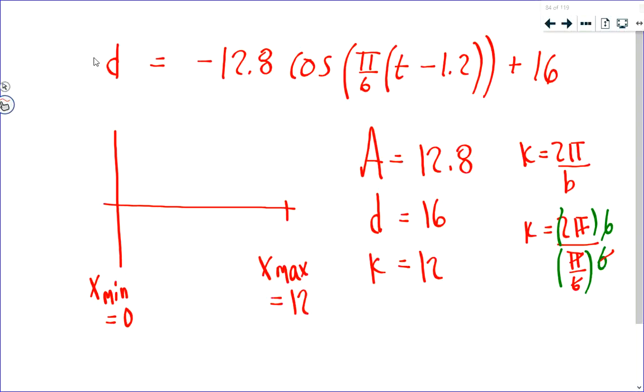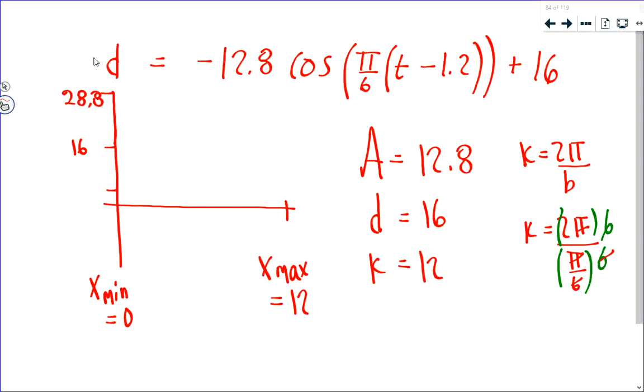On the previous page, the one that you're probably still looking at if you have the handout in front of you, I said that we want to look at one amplitude above the displacement and one below the displacement. Well, the displacement's at 16. And one amplitude above would be 16 plus 12.8, which would be 28.8.